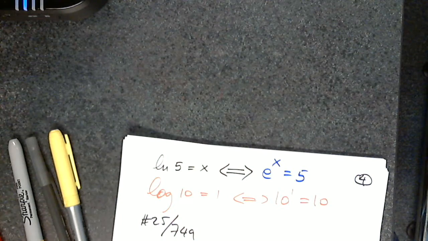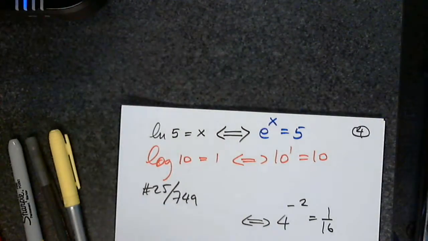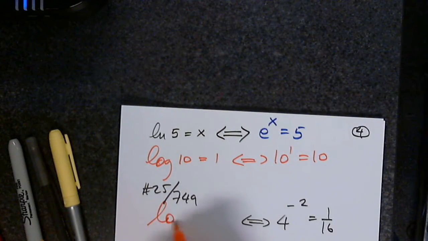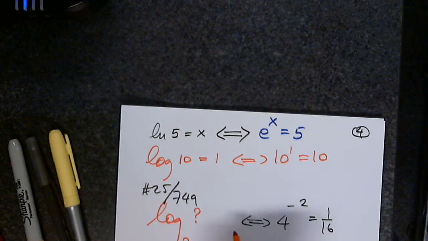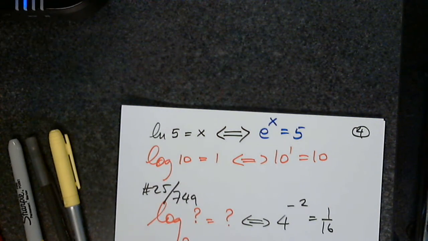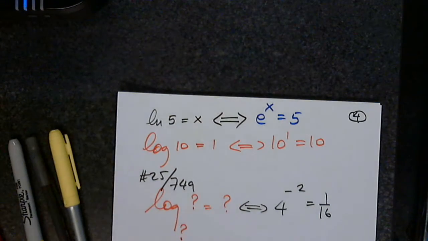So in this problem, in 25, I am given 4 raised to negative 2 equals 1 over 16. And I want to go back. I know that I have to have a log. I know that I have to have a base. I have to apply it to a number. Of course, these are not the same, so don't get confused that I wrote the same symbol in all 3 spots.